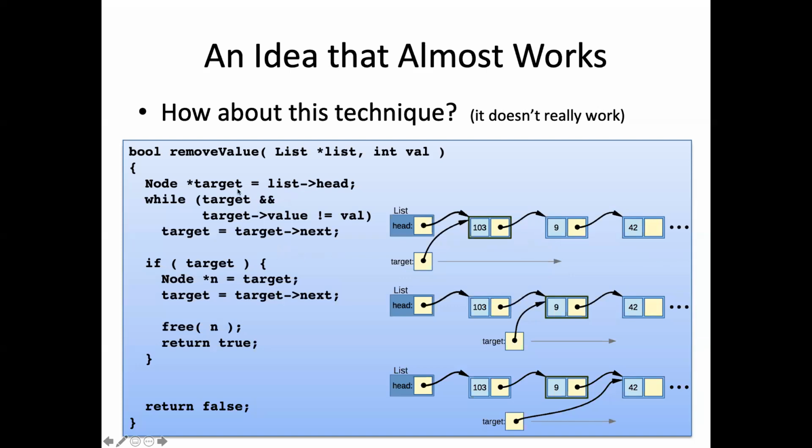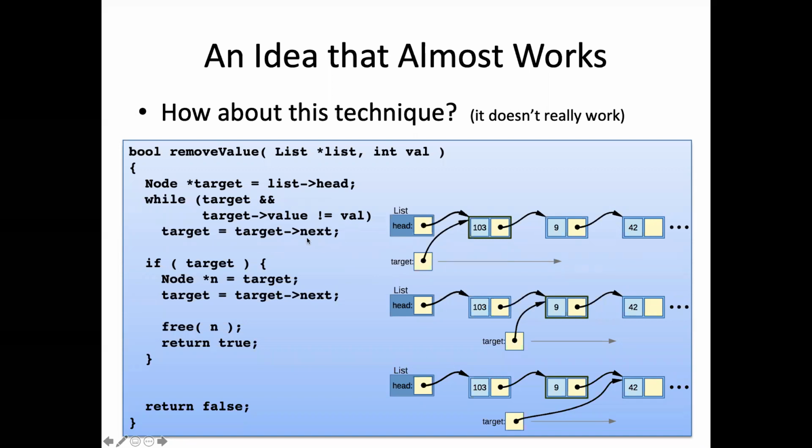Target, like my picture shows, is the node I want to remove. Target starts out pointing at the first node, whatever the head pointer is. And as long as target is really pointing to a node, it's not the null pointer, and the value in that node is different from the value I'm looking for, I just keep marching down the list.